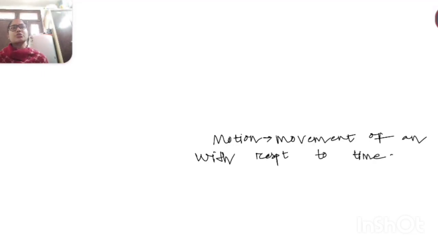So motion, how do we define? It is the movement of an object with respect to time. We have various types of motion. Some motions are very simple and some are complex.